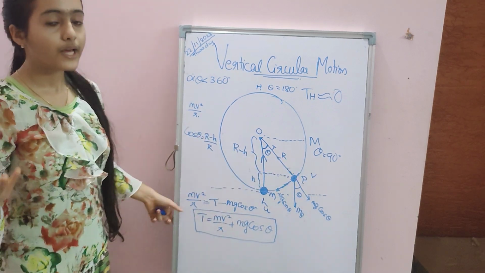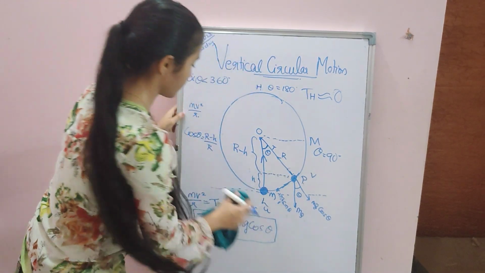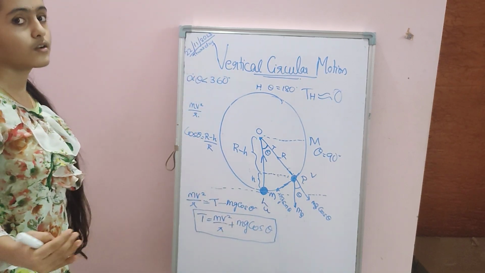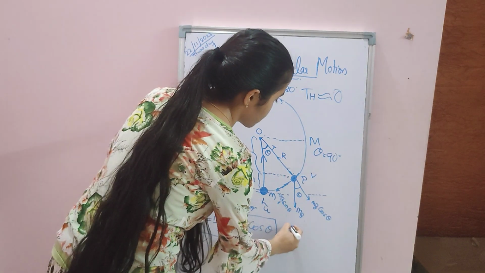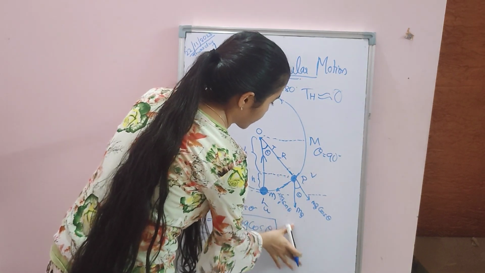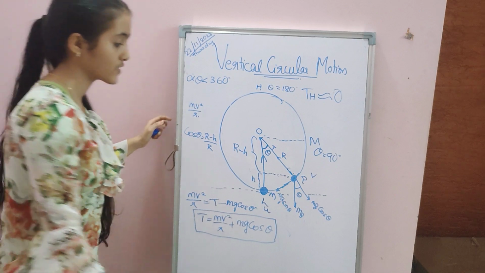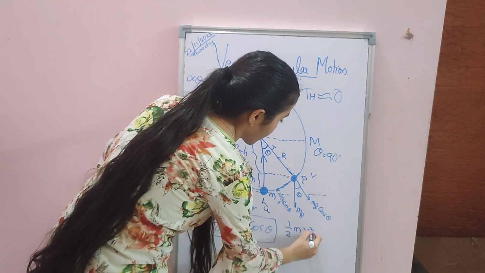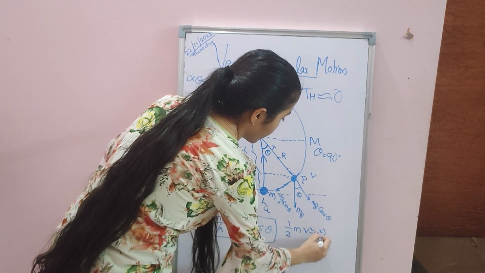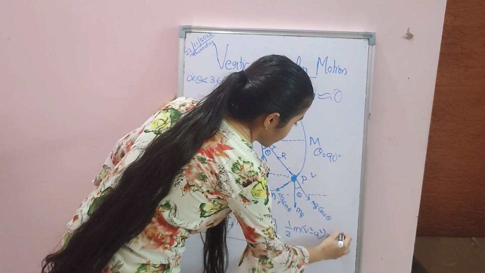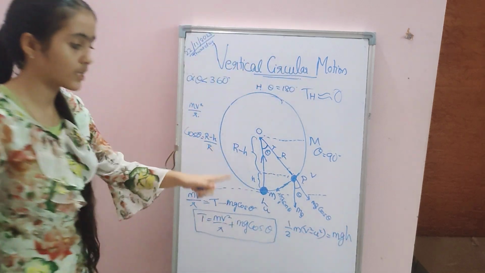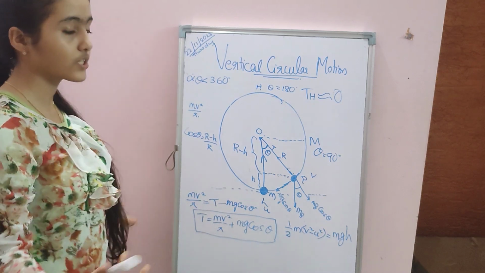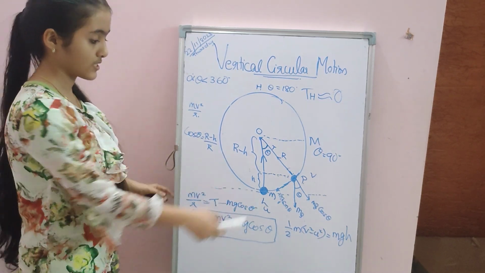Now applying the conservation of mechanical energy, total mechanical energy remains constant, so we can say that half m into v square minus u square is equal to mgh. Change in potential energy is equal to change in kinetic energy. Loss in potential energy is equal to gain in kinetic energy. As simple as that.